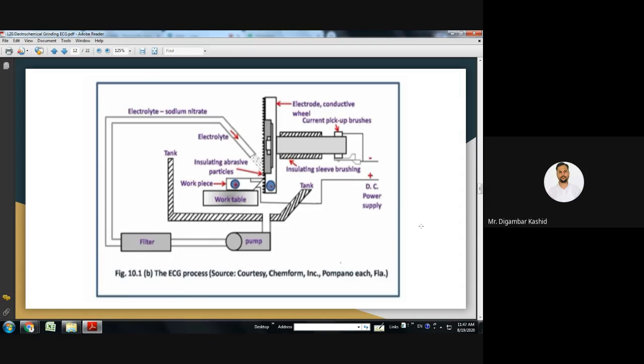I repeat once again: the machining area is made up of non-corrosive material, and power is applied to the spindle either with the help of brushes or a mercury coupling.